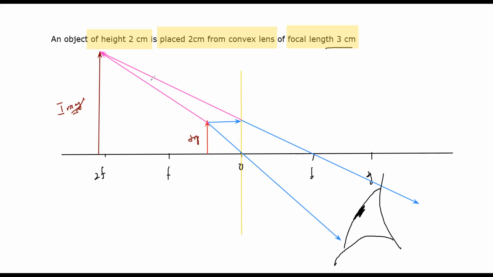What our brain senses and produces, we call that the image. So our imagination makes the object bigger. That is what happens if you have used a simple microscope or a magnifying glass.